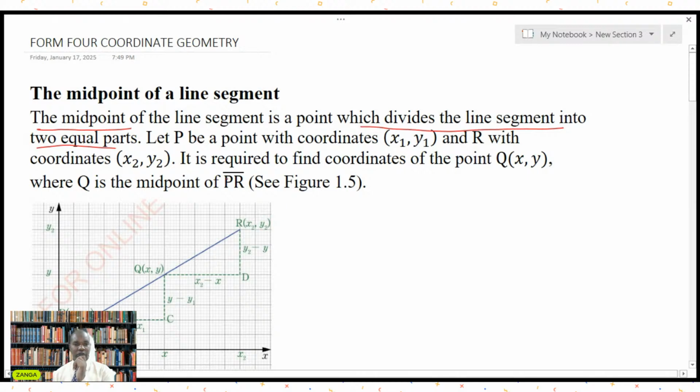And you're going to assume that let P be a point with coordinates x1, y1. So this is our point P here, x1, y1, as presented in this diagram, and R be coordinates x2, y2. So R is x2, y2.